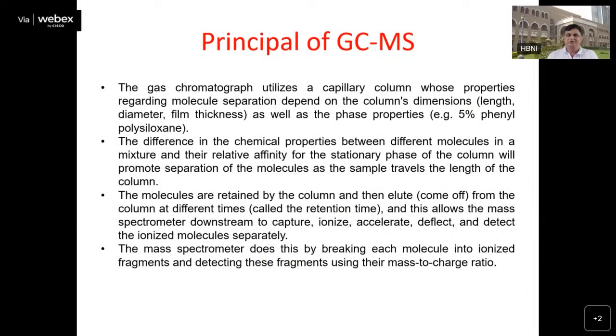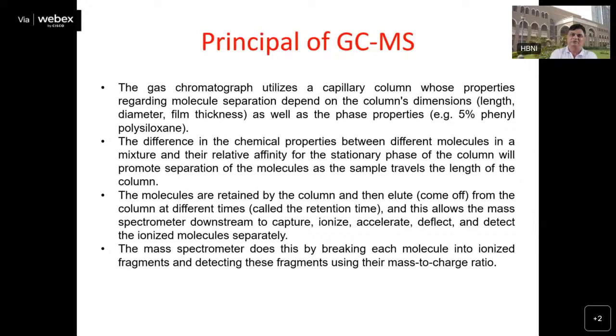As for the principle, the gas chromatograph utilizes a capillary column, whose molecule separation properties depend on the column dimensions as well as the phase properties. The difference in chemical properties between different molecules in the mixture, and their relative affinity for the stationary phase of the column, promotes separation as the sample travels the length of the column. The molecules are retained by the column and elute at different times, termed the retention time.